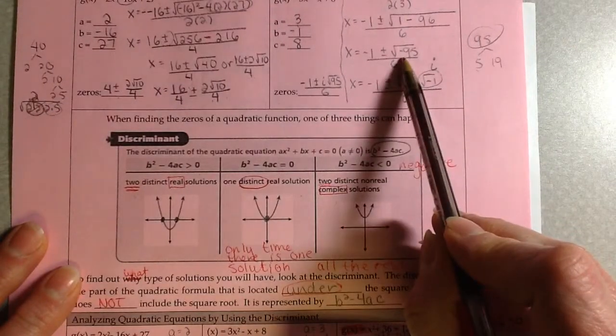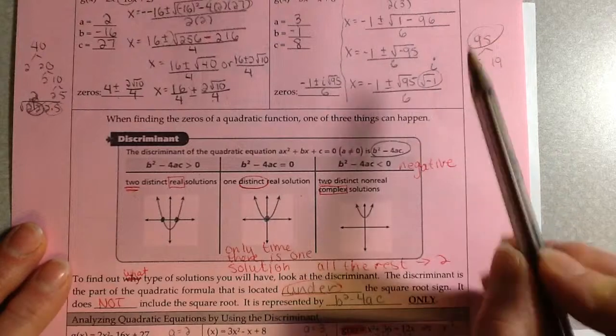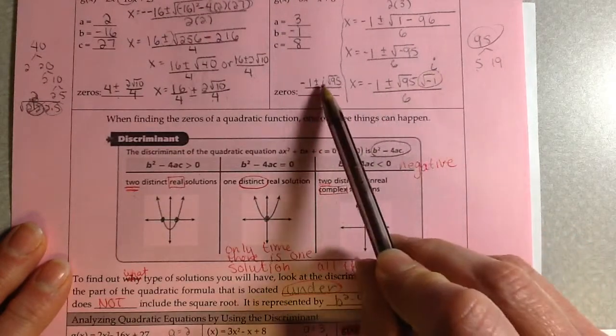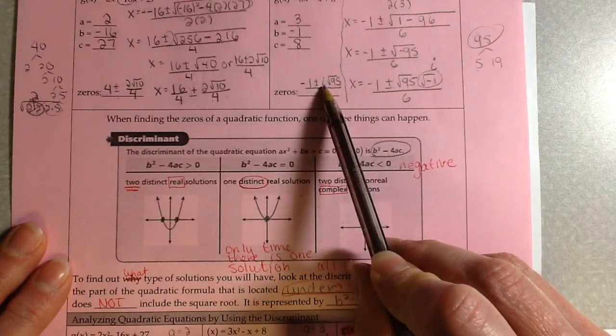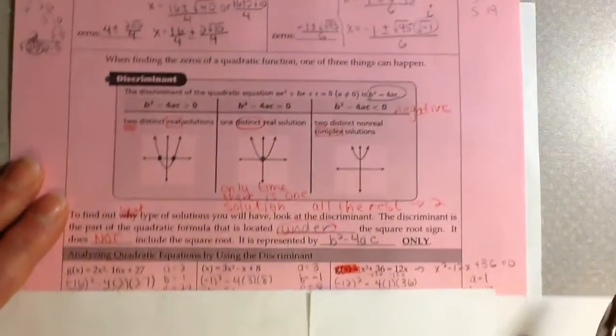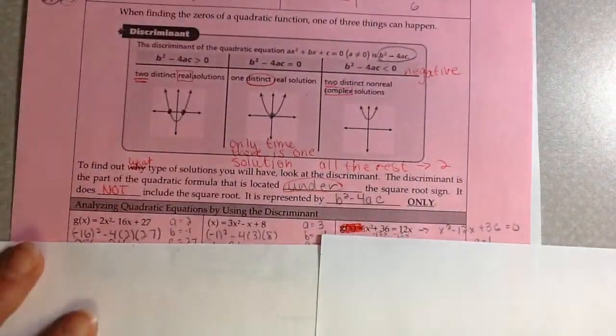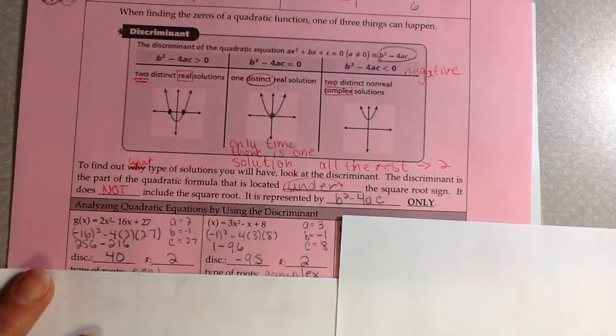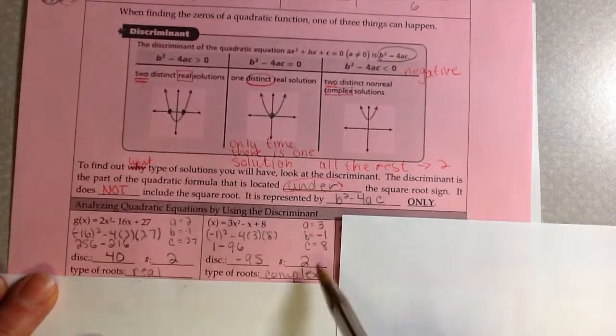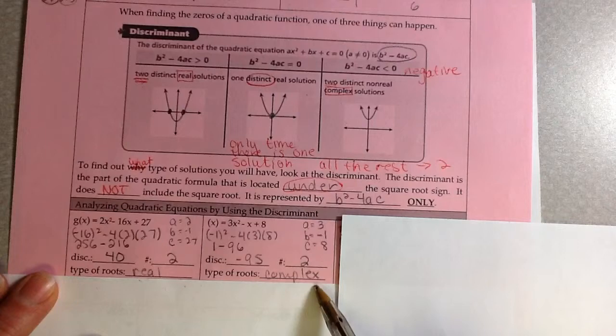When you have a negative number underneath the square root sign, when you simplify it, you're going to have an i because you have to take out that square root of -1. So that makes sense. If the number b squared minus 4ac, which is the value that's underneath the square root sign, is negative, you're going to have two complex solutions.